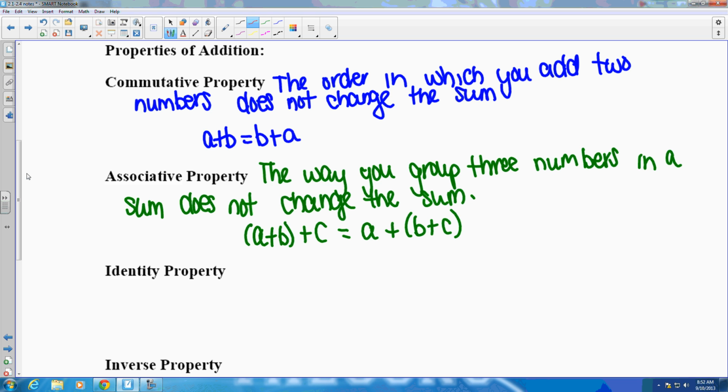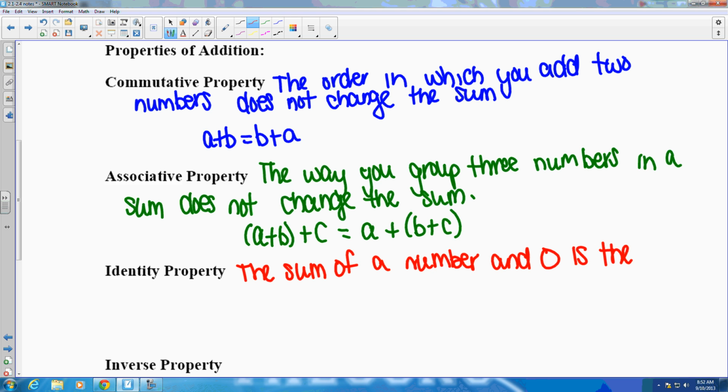The identity property: the sum of a number and 0 is the number. So 0 doesn't change a number if you add it.